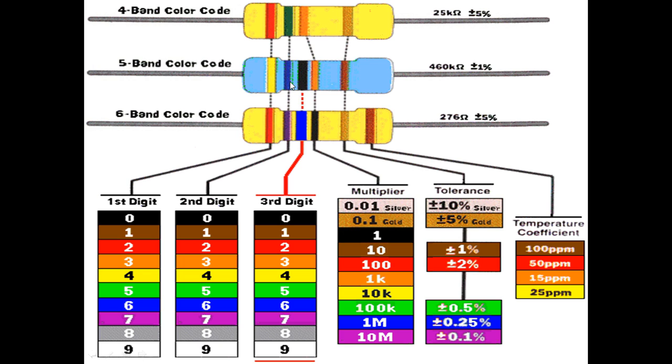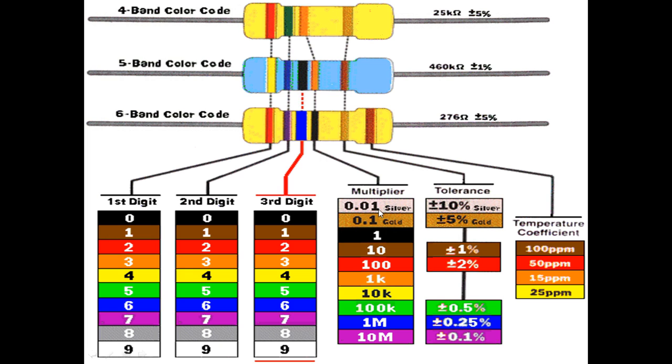The second band's value is the second digit; its value is 6. The third band's value is the third digit; its value is 0. In total we get 460, and the fourth band is the multiplier.